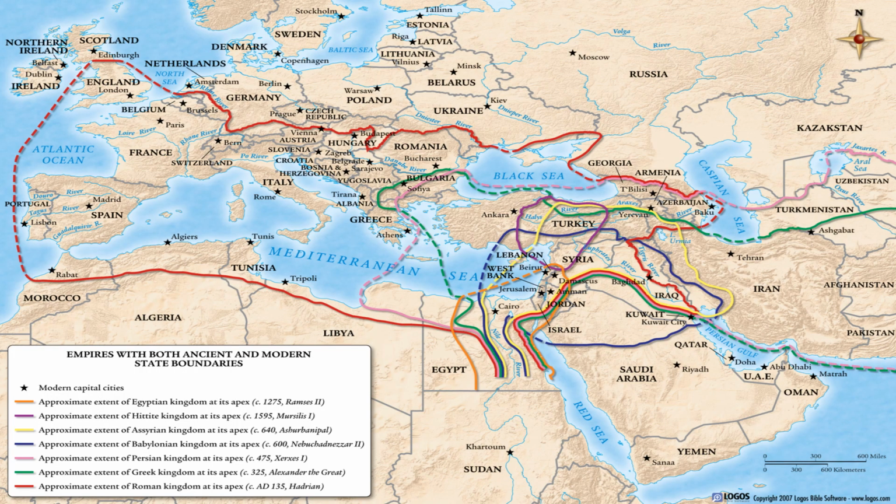This is a map of different ancient kingdoms. I don't know if you can read the legend from your seat, but Egyptian, Assyrian, Babylonian, Persian, Roman, etc. Notice how they all seem to converge right over here, the Promised Land. You can see the Fertile Crescent following the Tigris-Euphrates River.